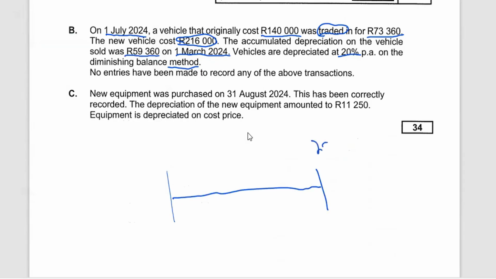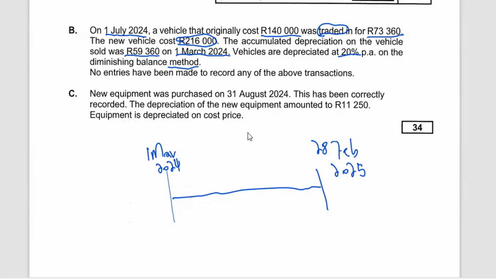Our accounting period ended 28 Feb 2025. It started 1st March 2024. So our first step is to draw the timeline. Then our second step is to interpret our information using the timeline.